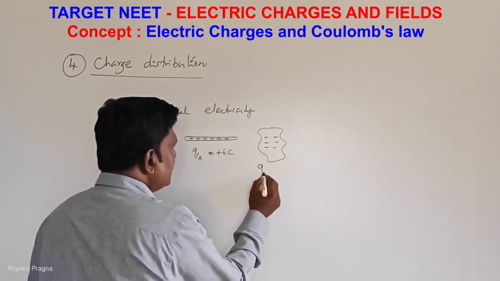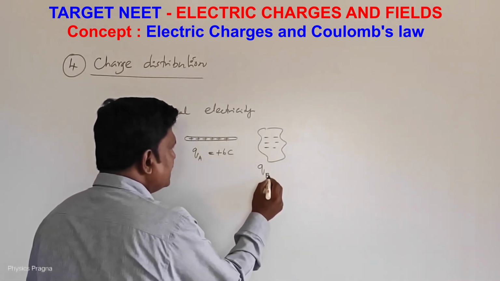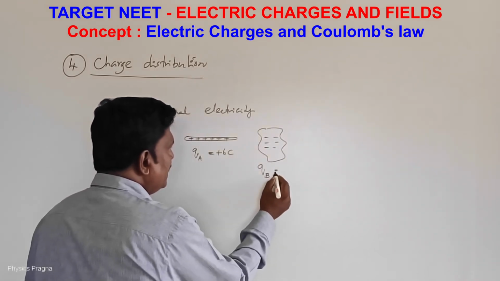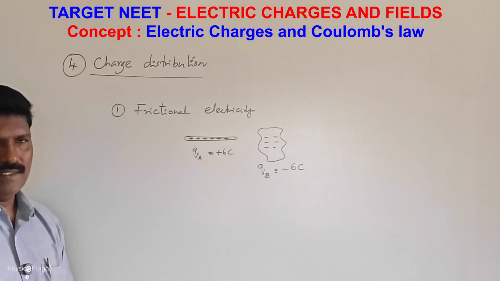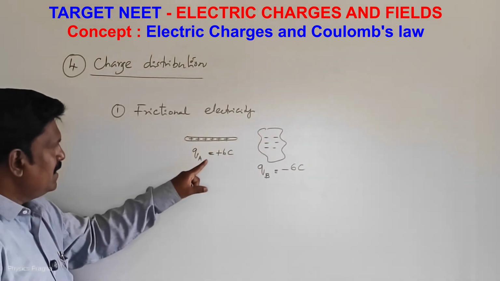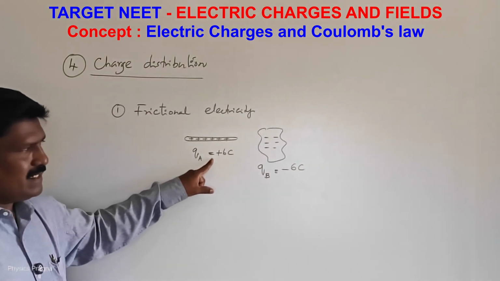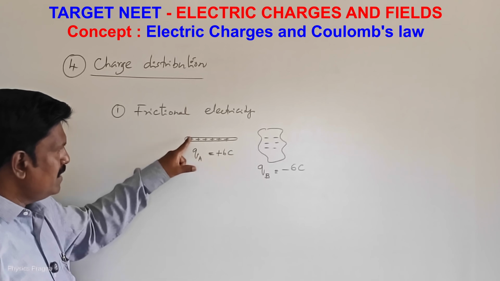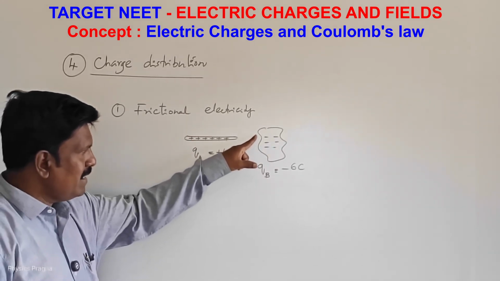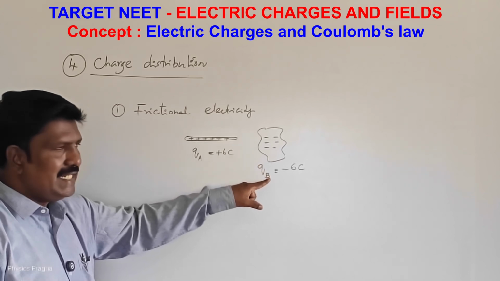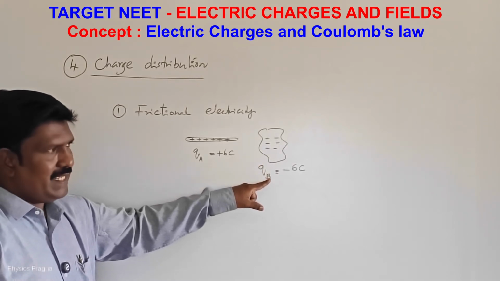So this woolen cloth I will take as body B. It is having minus 6 coulombs of charge. So after friction, just for discussion's sake, on the glass rod plus 6 coulombs are there, and on the woolen cloth minus 6 coulombs of charge is there.